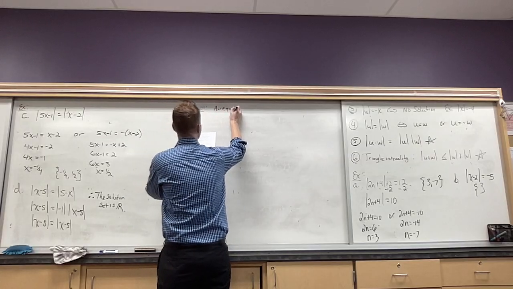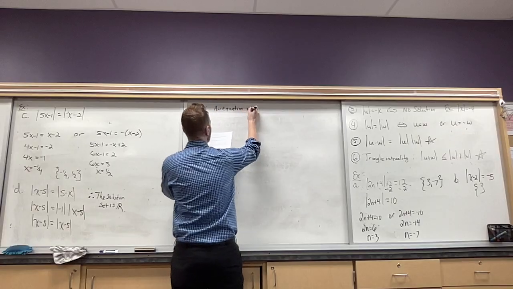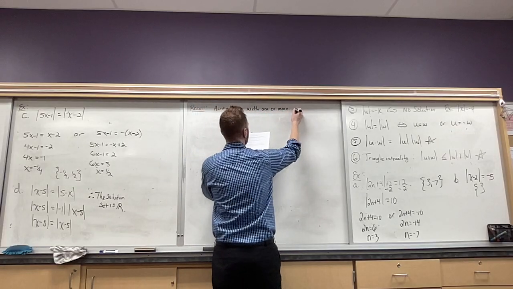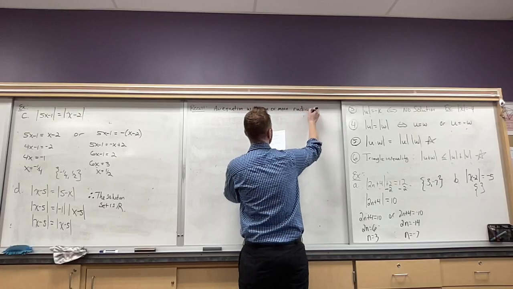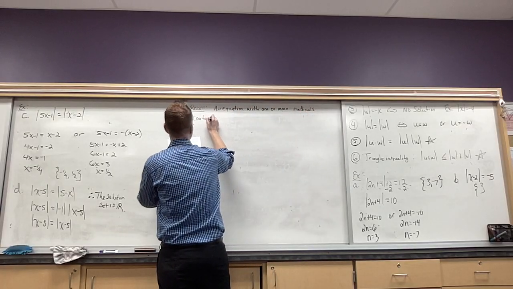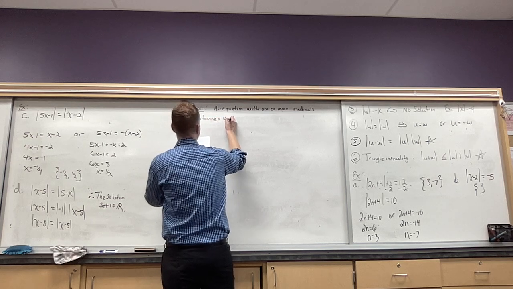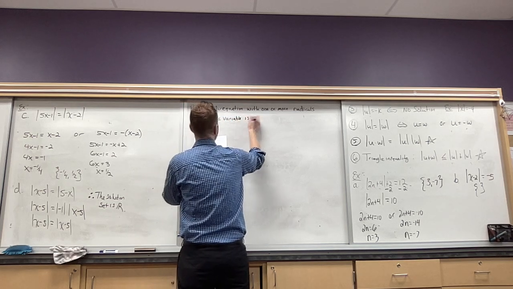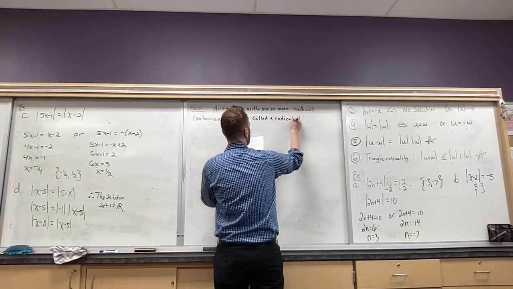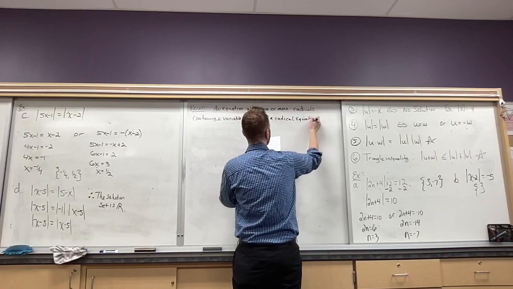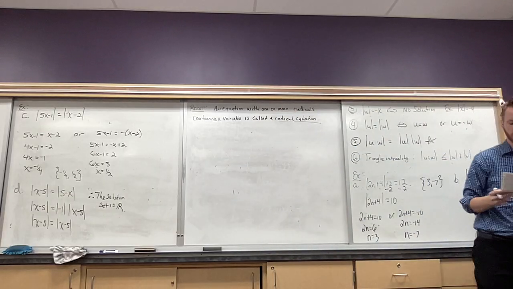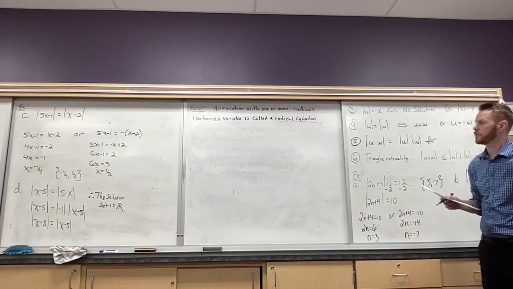So an equation with one or more radicals, remember that means square roots, okay, containing a variable is called a radical equation. Okay? So as long as you have a square root in there, we're calling it a radical equation.